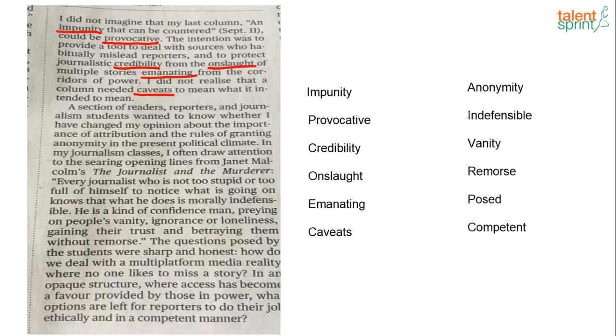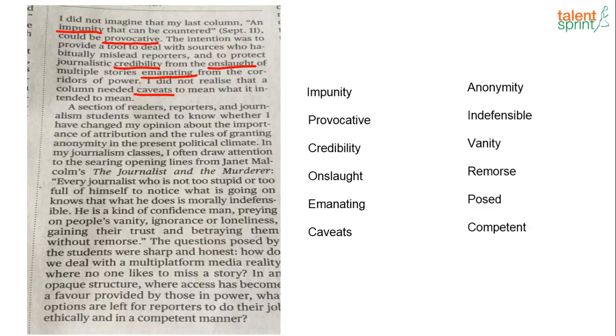So guys, as you saw, we have read the first passage and we have underlined some difficult words whose meanings we may not know. So let's look at the first word, impunity, and let's read the sentence. I did not imagine that my last column, An Impunity That Can Be Countered, could be provocative.